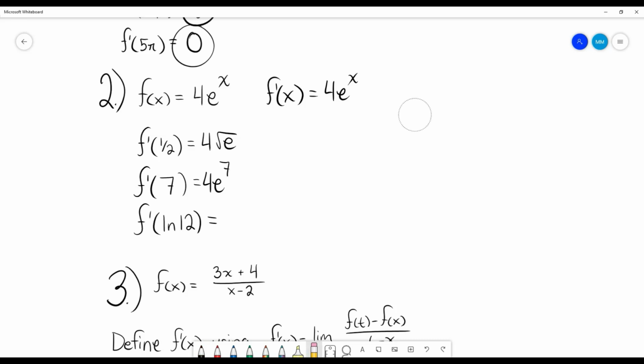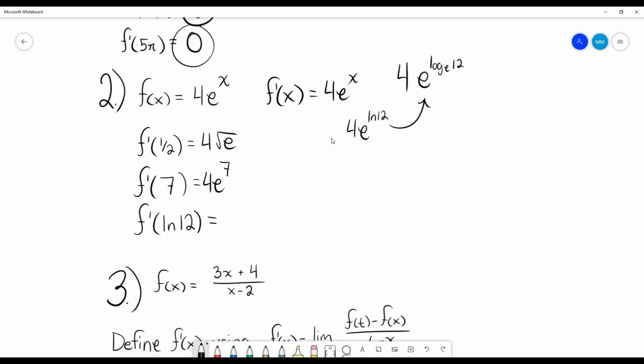And then this next one is a little bit of a fun one. So it's f prime of natural log of 12, so it's going to be 4 times e to the natural log of 12. And so the really fun thing here is that because this is an e to the natural log of something, right? So it's a log base e of 12.